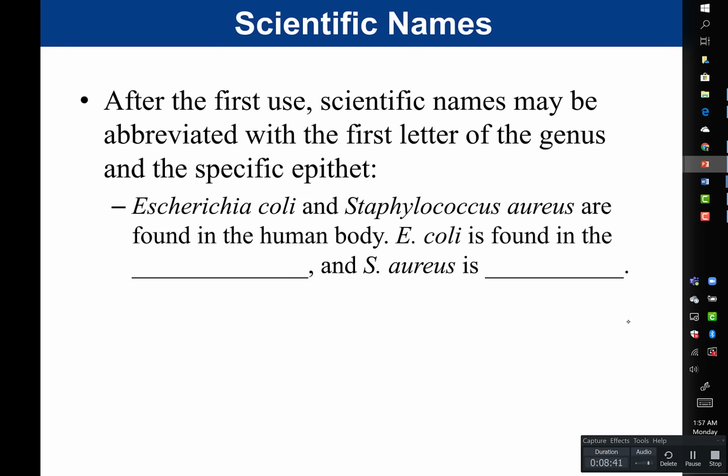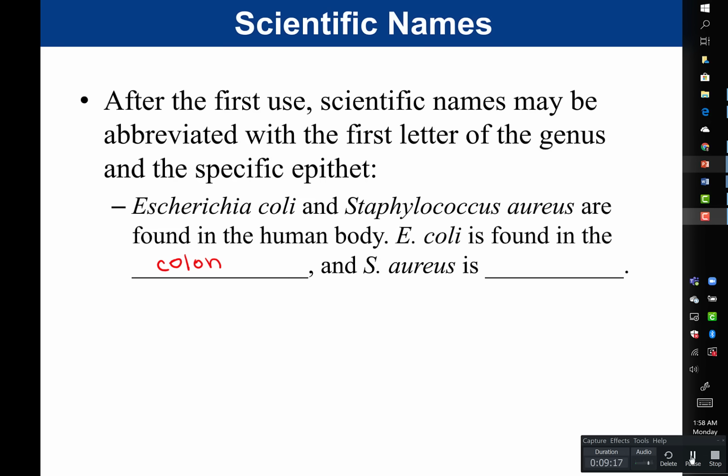When we write them out the first time, we have to write out the genus and the species. However, if we continue to talk about those organisms, let's say E. coli is found in the, notice that the genus is now abbreviated. We don't have to continue to write out Escherichia coli. So E. coli is found in the colon or intestine. And S. aureus, again, we can abbreviate the genus because we already mentioned it in the sentence before.